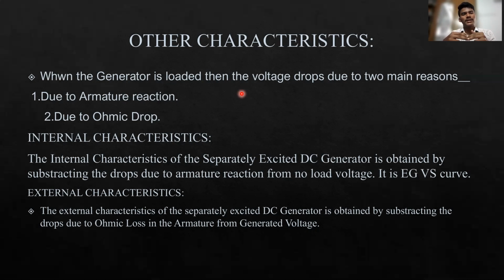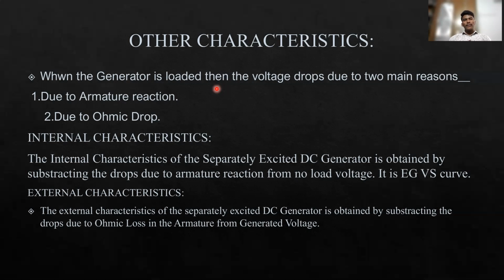Now coming to the internal characteristics. The internal characteristics of a separately excited DC generator is obtained by subtracting the drops due to armature reaction from the no load voltage.